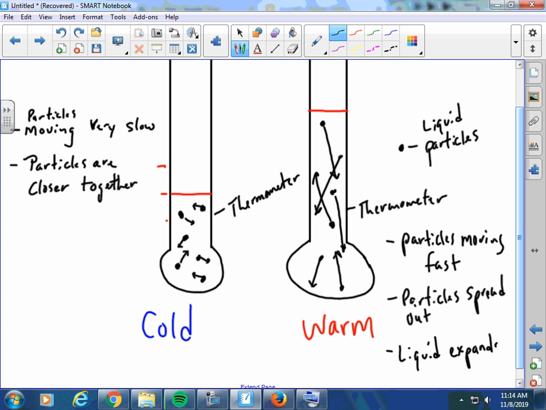So if we're using the same number of particles up here, but we got to fill a much bigger space, it makes sense that we're showing more space between them, and we should know that when we add heat or at higher temperatures, the particles are going to be more spread out. Eventually, they could get to the point where they turn into a gas and they're really spread out, right? So that's the main idea with the thermometers. That's what you should be able to do on your quiz next Friday. Okay? All right, good.